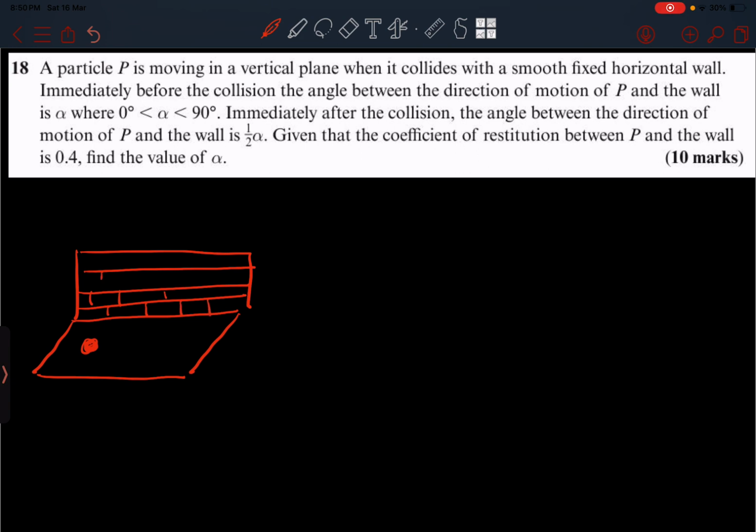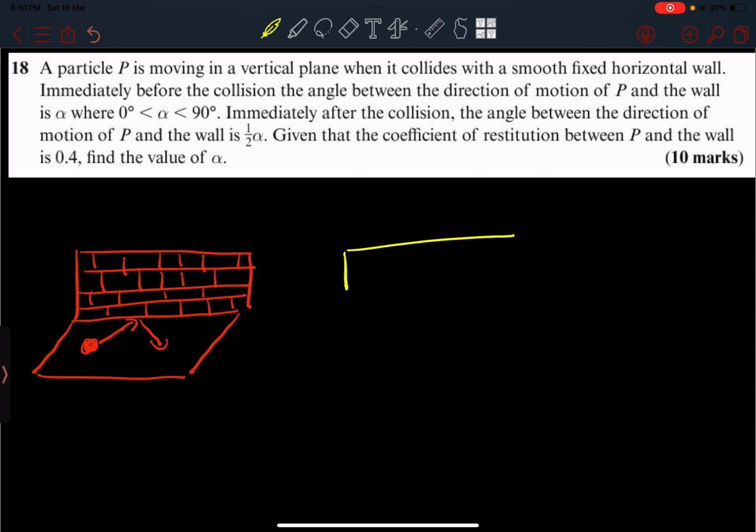So imagine this is my horizontal plane and this is my smooth vertical wall. So you've got a ball moving towards a smooth vertical wall. It would go there and it'll get bounced back. Now in this question, they have slightly tweaked it, so the technique or the principles are still the same.